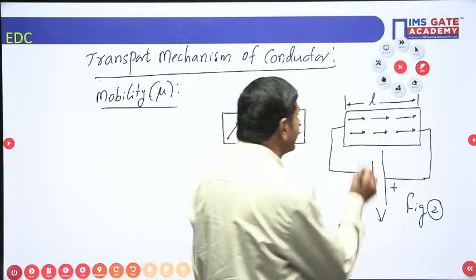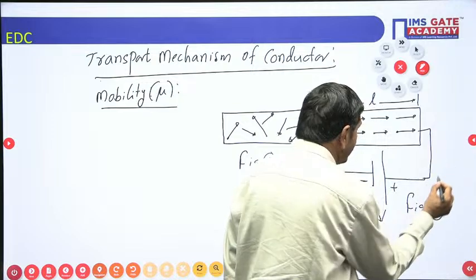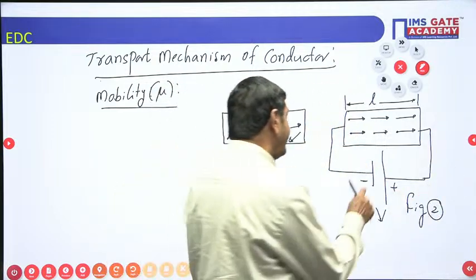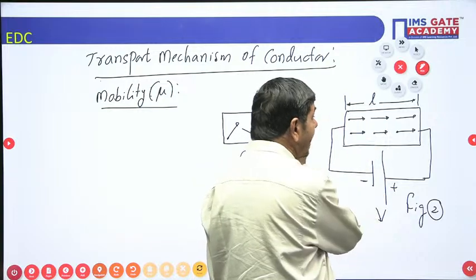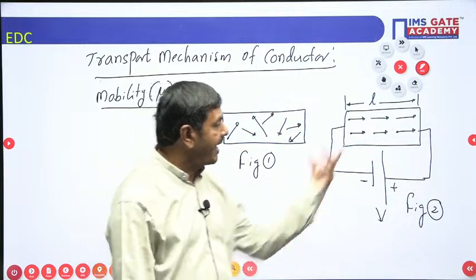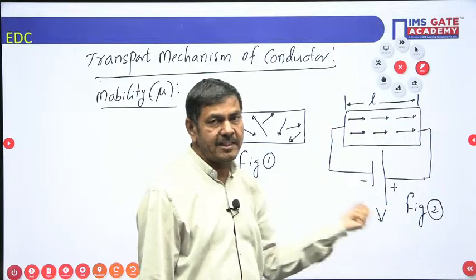Because of the force of repulsion, electrons are repelled, they are going to move this side and are attracted by the positive electrode. Catch my point. The negative electrode is going to repel the electrons. Those electrons will move in a straight path and are all attracted by the positive electrode only. Now the regular path is possible here now.